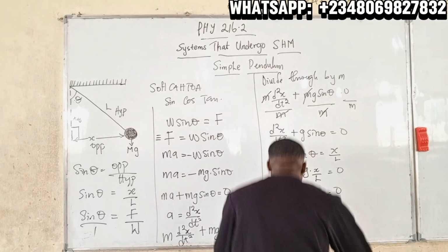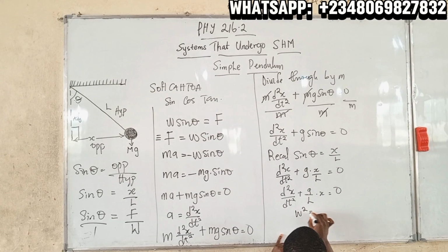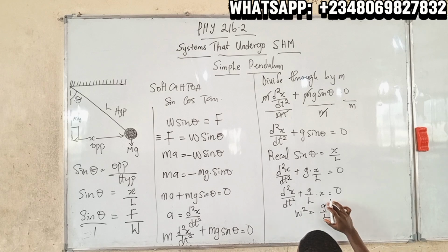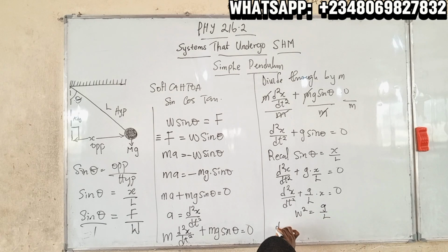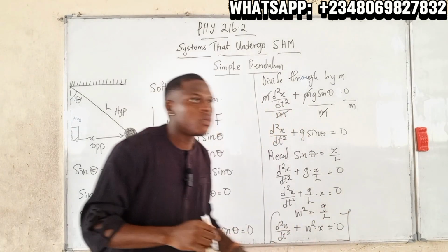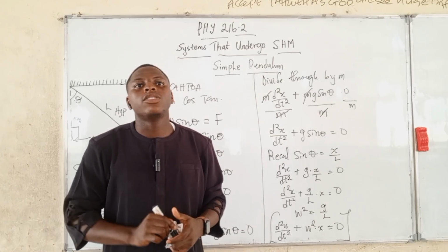So basically, we can say that W square is equal to g over L. Now, if you represent this g over L, we simply have d square S over dt square plus W square multiplied by S equal to 0. So basically, this is the same equation as our SHM.